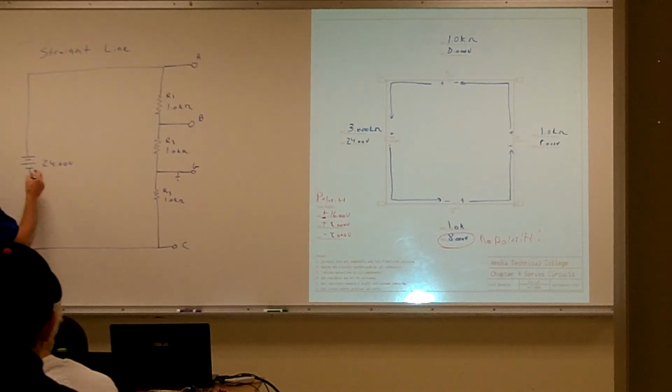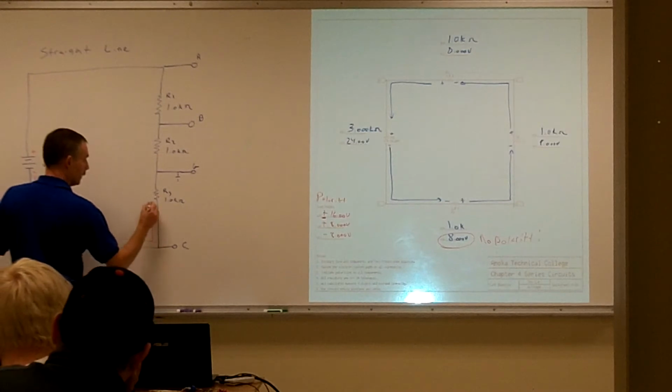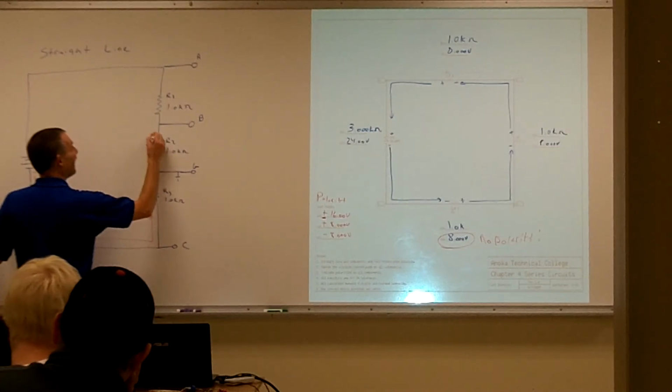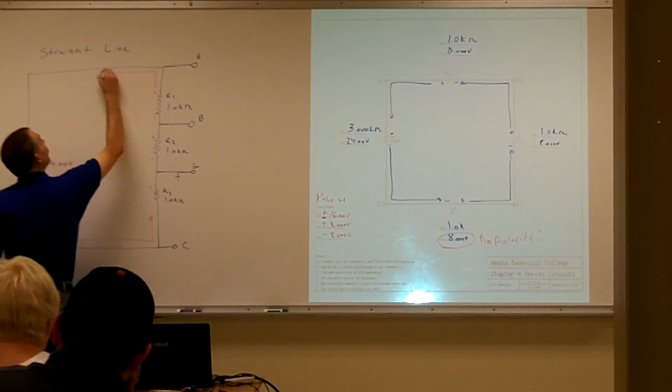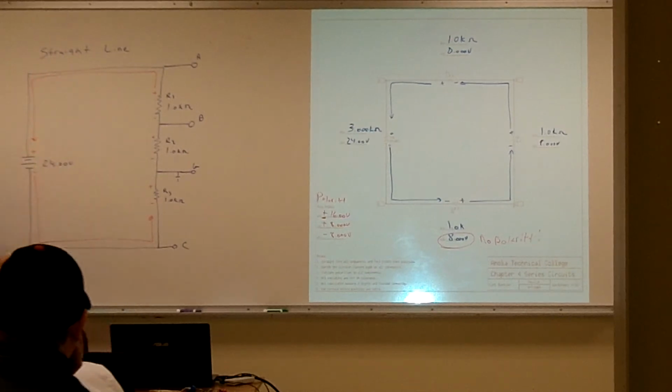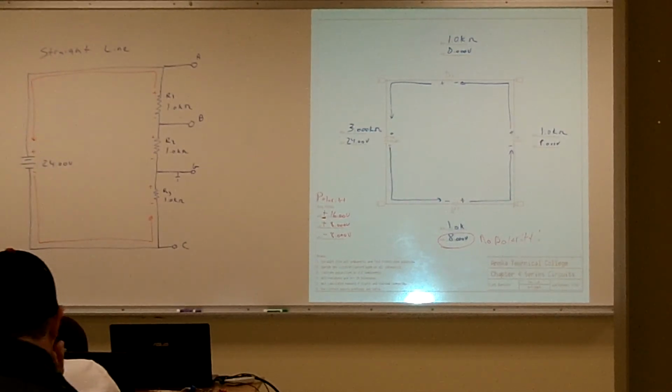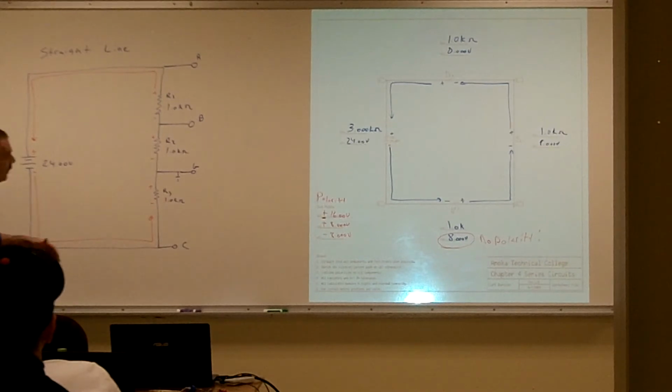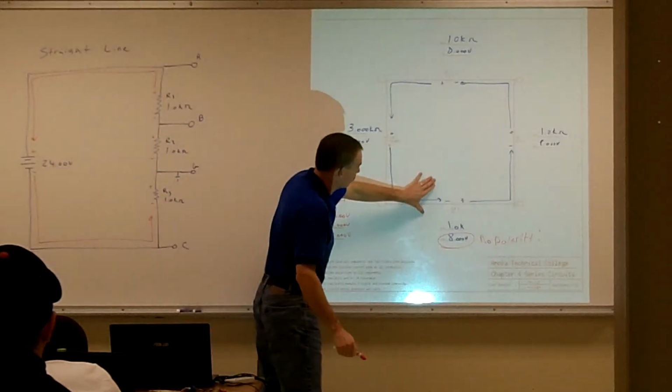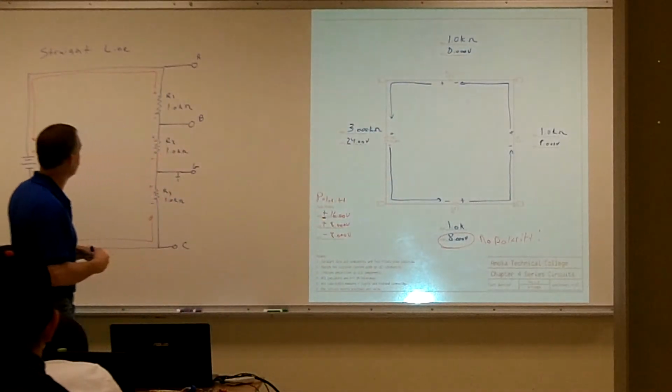Again, I want to draw my current paths and polarities after I do my straight lining. Get my polarities in there, up and down. Okay? So sometimes it's a little easier to see the circuits if we straight line them. So we like to straight line all our circuits when we're analyzing circuits and trying to find out what's going on.